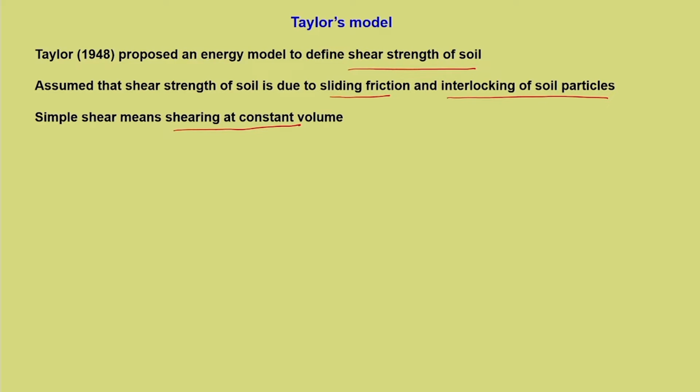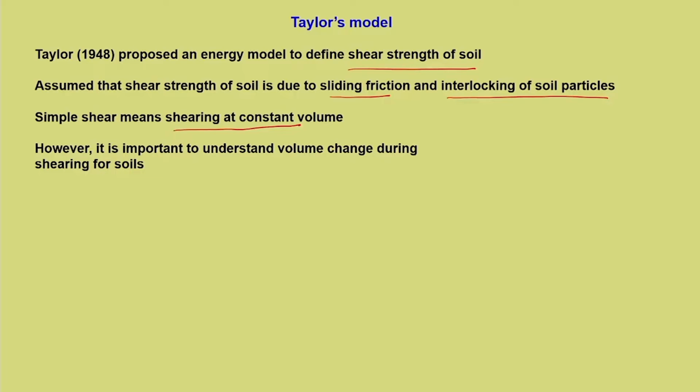You remember when we discussed the first module, we said that the effects are decoupled. We are studying a material by decoupling the volume change and shearing, or the deviatoric component, separately. But this will not work all the time for soils, because we need to understand what sort of volume change happens during shearing, otherwise it is not meaningful.